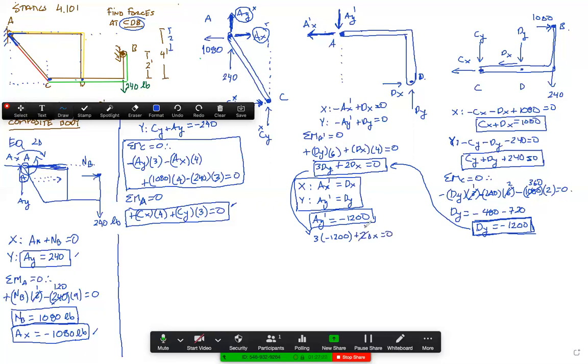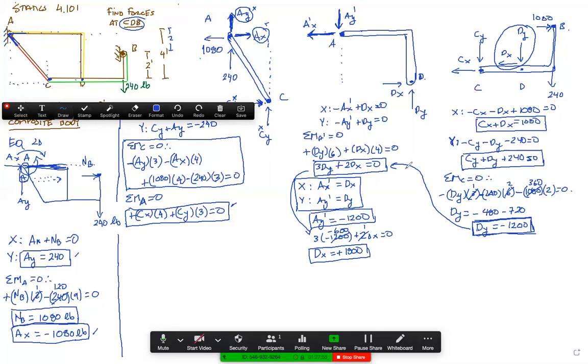So I divide everything by 2, and you get minus 600. That means dx should be equal to plus 1800. Well, okay, we are solving the puzzle. And we are getting the things we care about, because they act on the bar CDB that we are caring about.